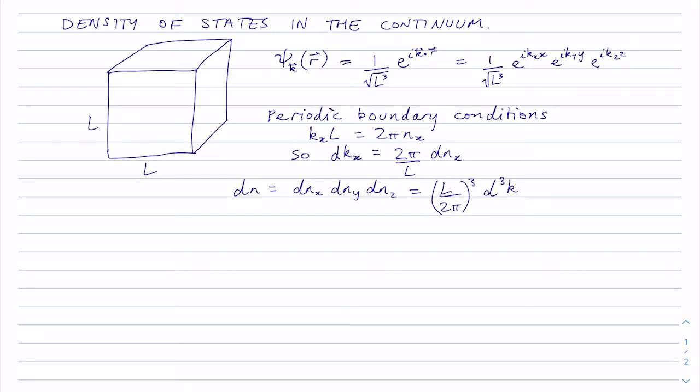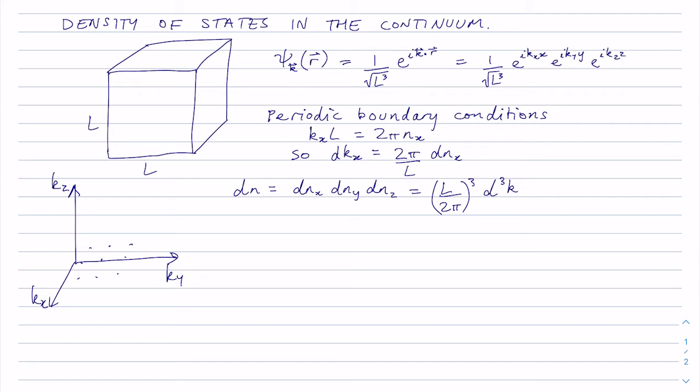So remember what we're doing here in k space. This is k_x, k_y, and k_z. In this space, it's discretized, so we have some kind of a grid in here. It's hard to draw in three dimensions, but you get the picture.